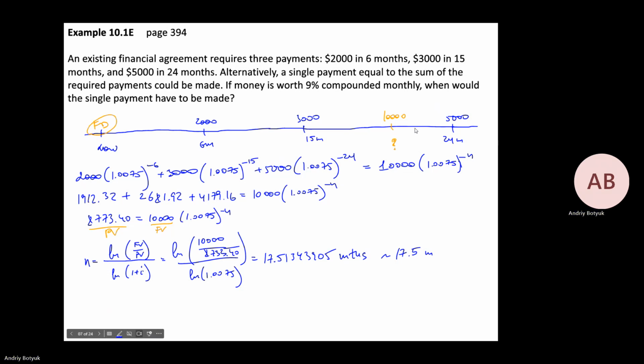Yes. What part you didn't get? Well, let me show you algorithm again. So try it. You take 10,000 divided on 8,733.40.